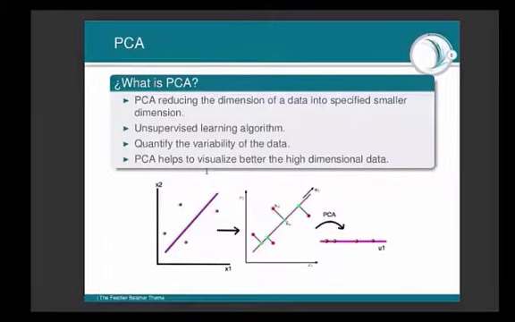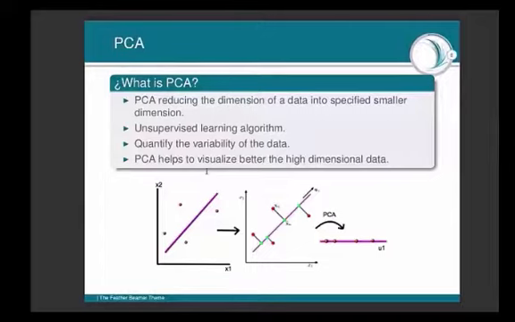What is PCA? PCA is a common statistical tool for reducing the dimension of data into a specified smaller dimension.